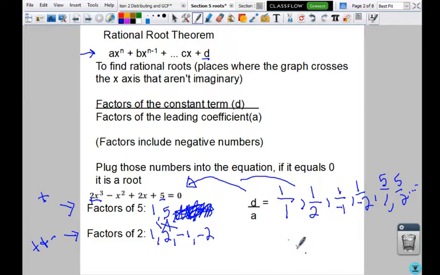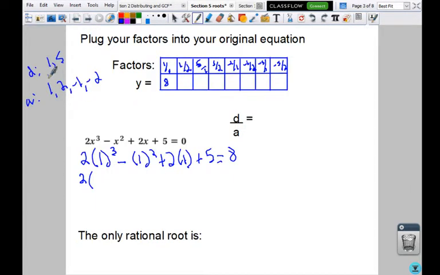And then we have to do basically every combination. So I did 1 over 1, and over 2, over -1, over -2. Then I did 5 over 1, over 2, over -1, over -2.